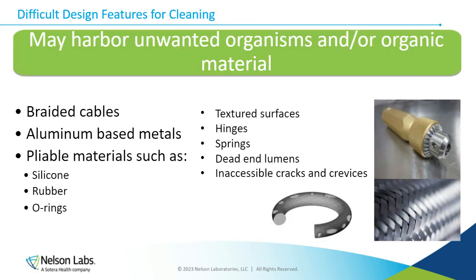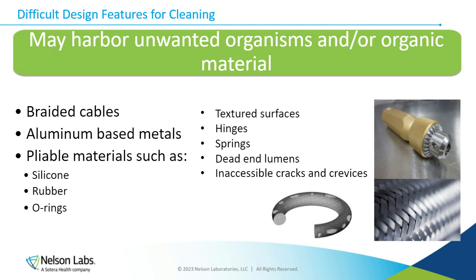Difficult designs, they're all out there, right? We don't like to see them, but you all need these materials and designs to work together with reusables, right? Braided cables, we can't get anything off of them. Those are the hardest things to clean.